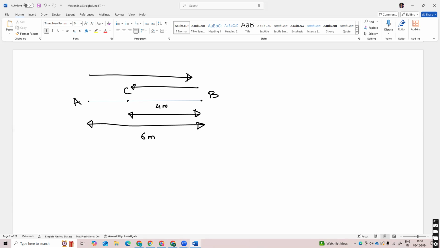So of course, using the geometry, you can find that the distance between A and C is 2 meter.